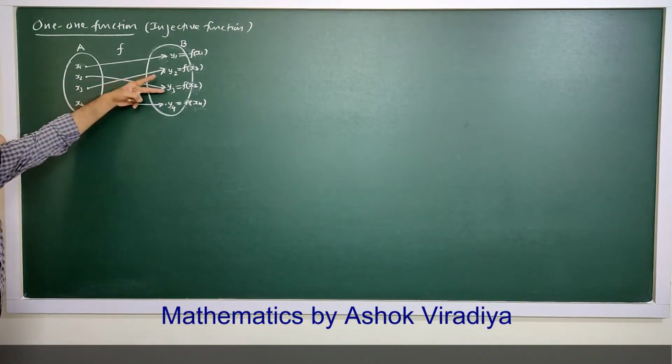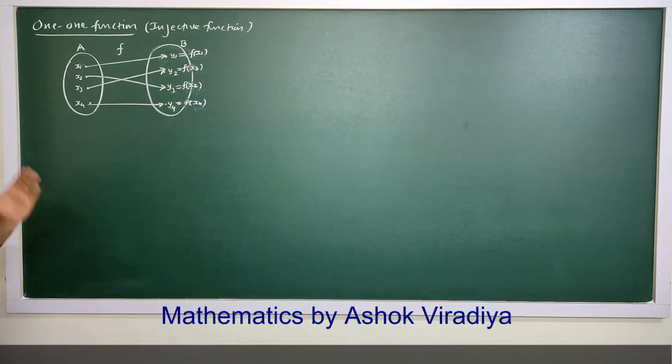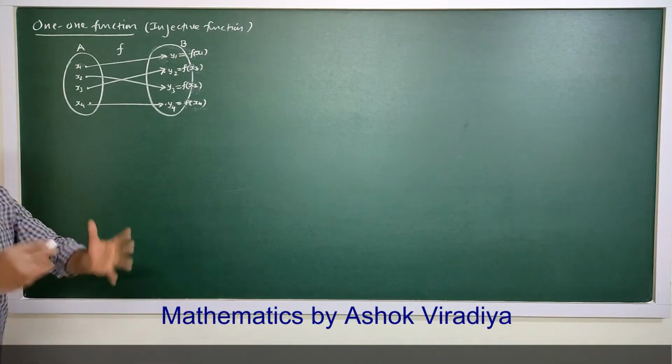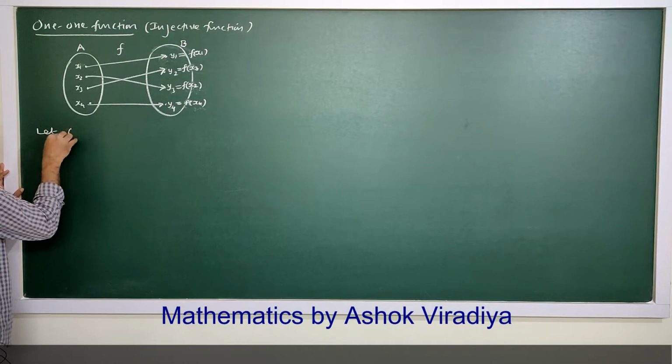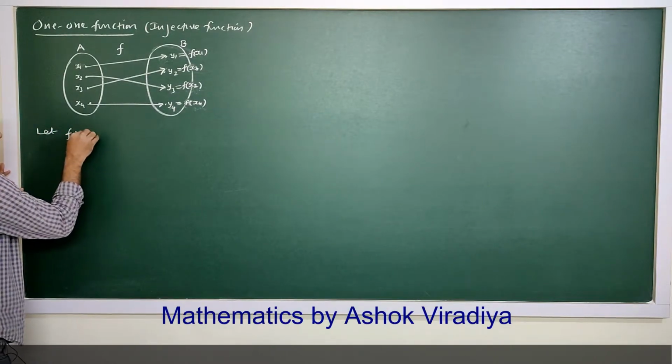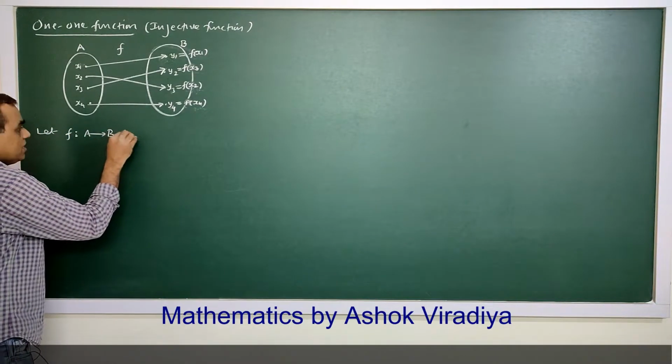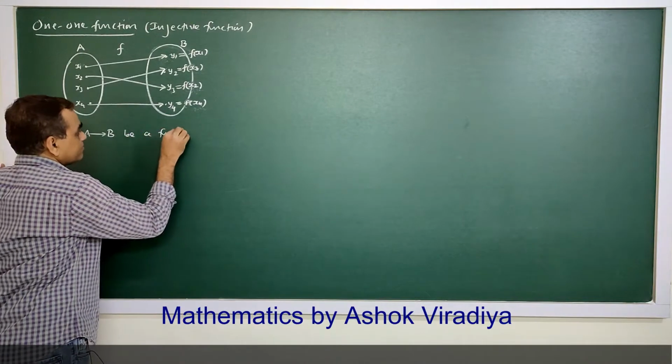Images are also distinct. So this function is said to be one-one.